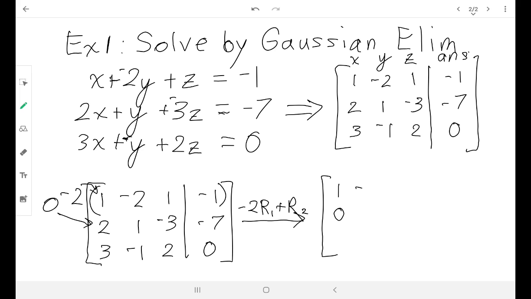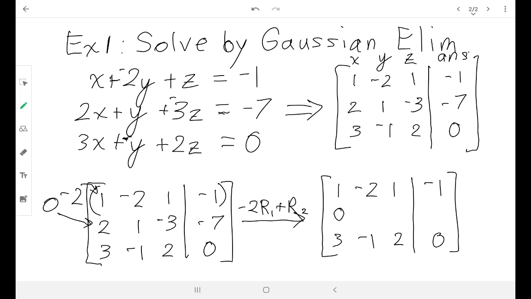So I'm going to recopy the original row 1 here, and I'm working on changing row 2. So this is only going to change row 2. In fact, row 3 I'm not working on yet, so I can copy that as well.